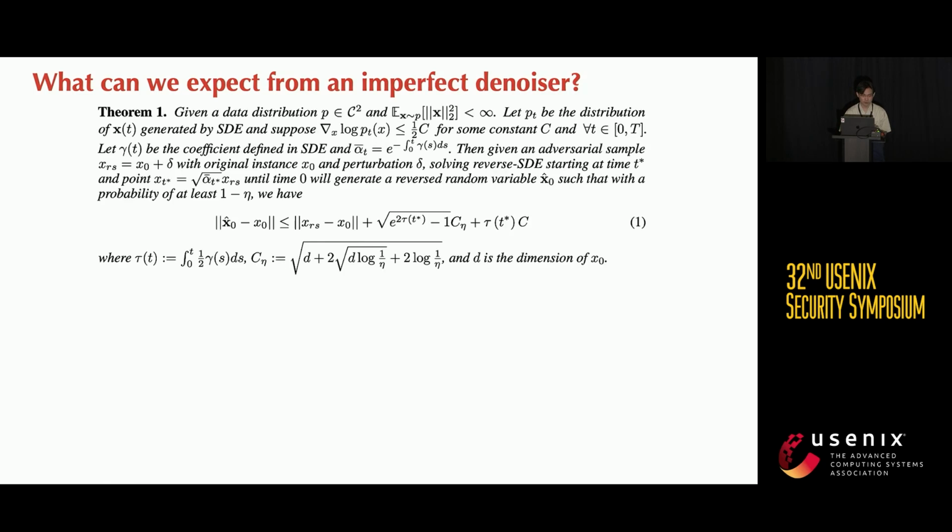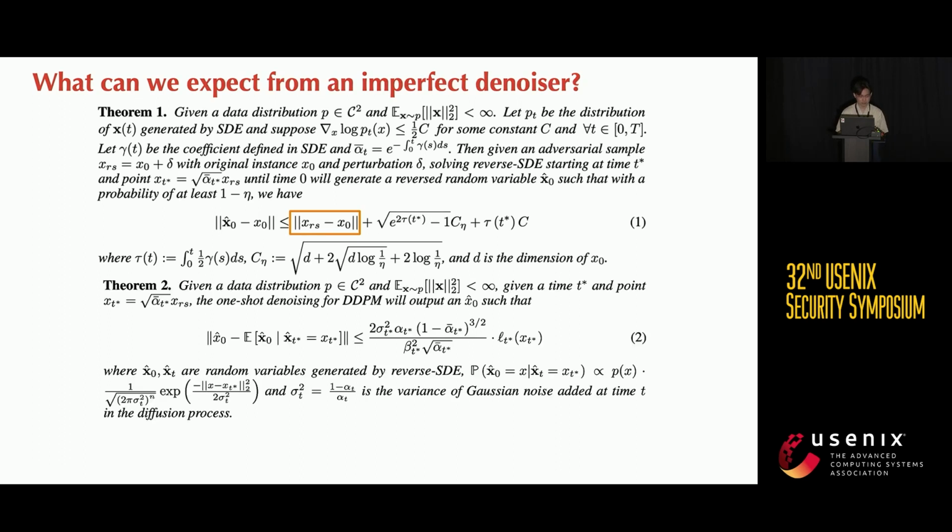So first, we prove Theorem 1, which just means the distance between the continuous denoising example and the clean input image X is mainly bounded by the magnitude of the perturbation. And second, we prove that the distance between the one-shot denoising output and the expectation of the continuous denoising sample is mainly bounded by the training noise.